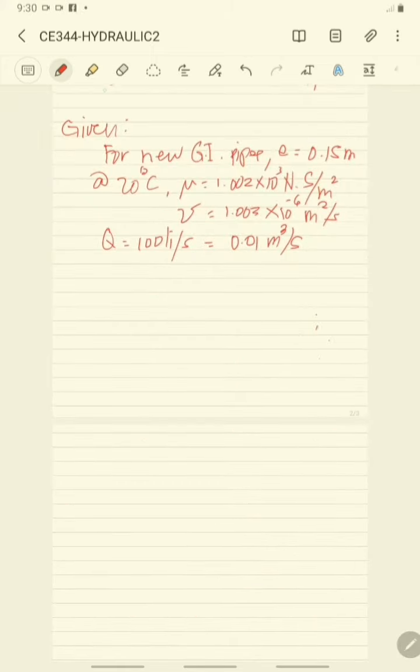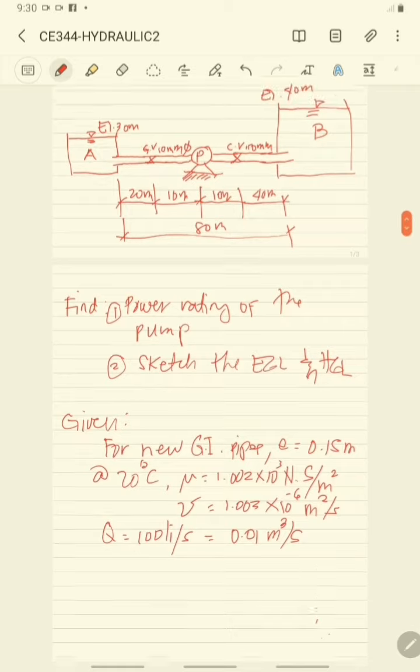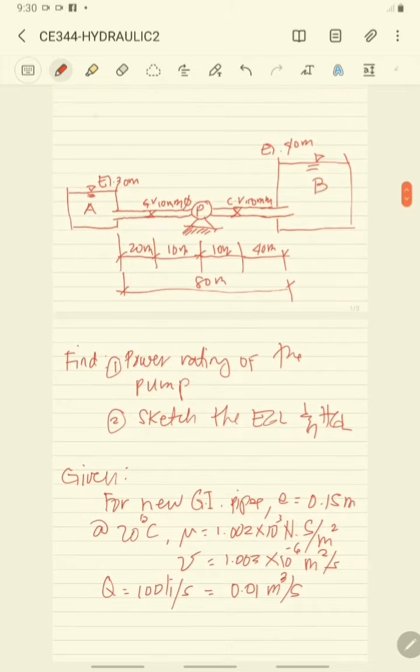Next, we have to determine the friction factor of our pipes. Let's say this is our pipe 1 and this will be our pipe 2.